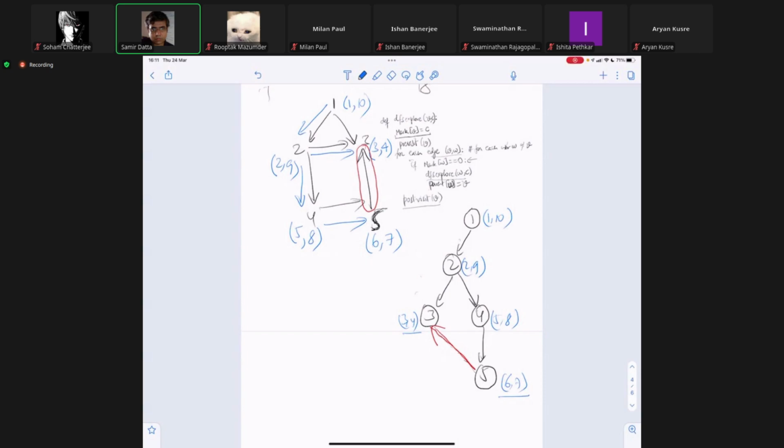So you still get a laminar family. You still get nested intervals, but there are some cross edges also. But the cross edges are always from larger things with larger entry and exit numbers to smaller entry and exit numbers. Correct?